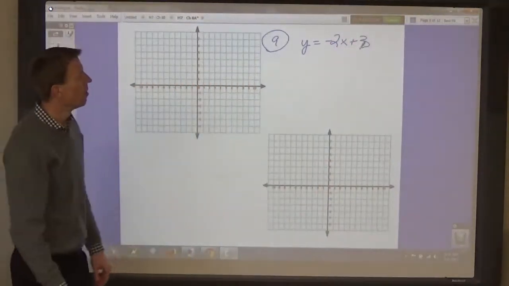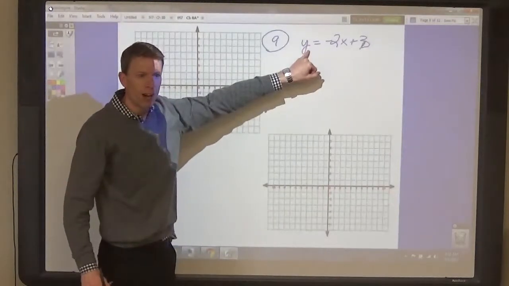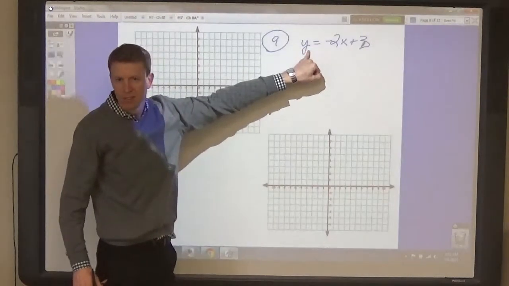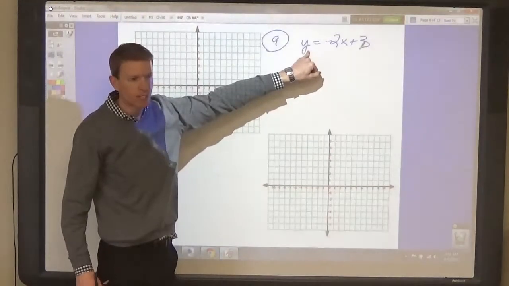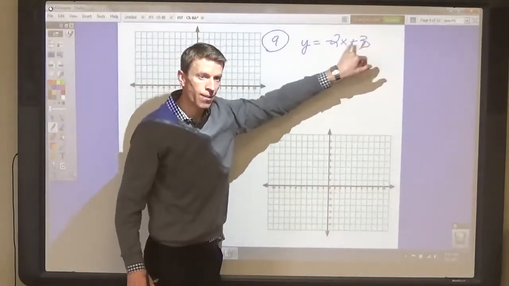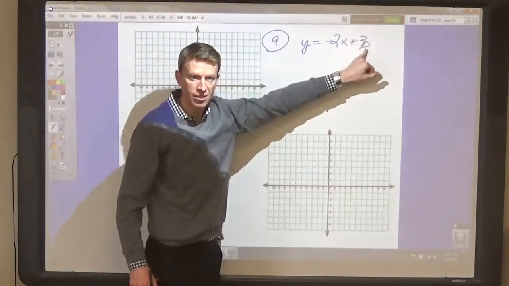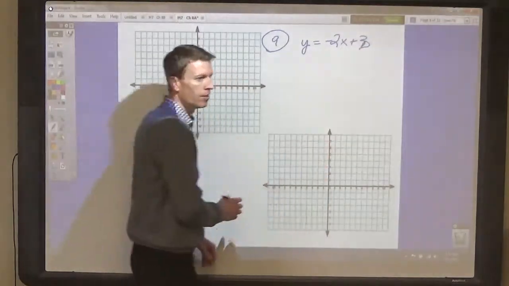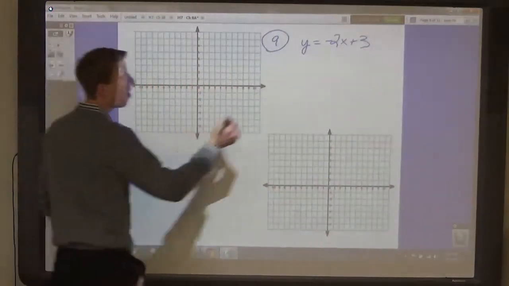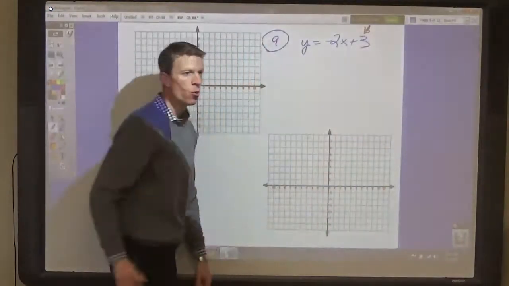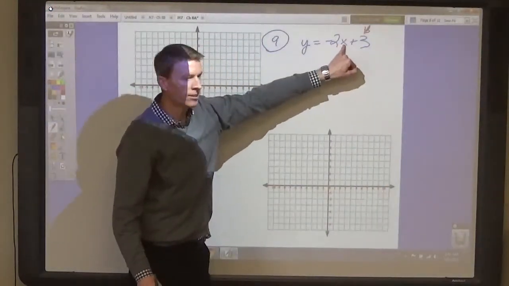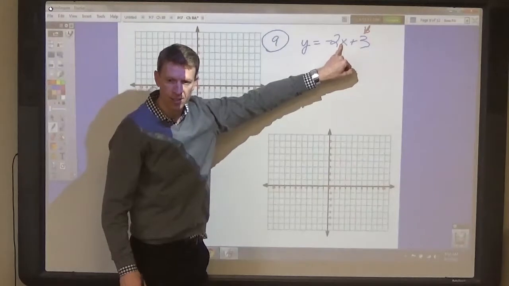All right, so since it's already solved for y, all we have to do is graph it. Okay, we can graph this in 2 steps. First, we have to find the y-intercept, which is b. B is always the number in the equation that is not the coefficient of x. Okay?